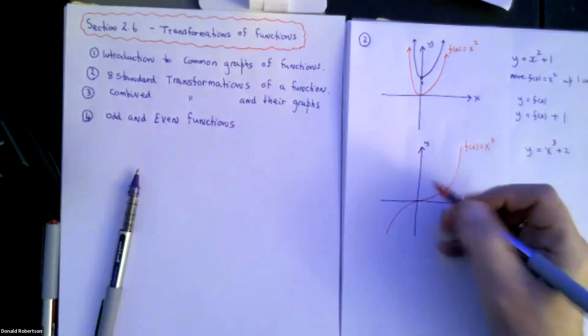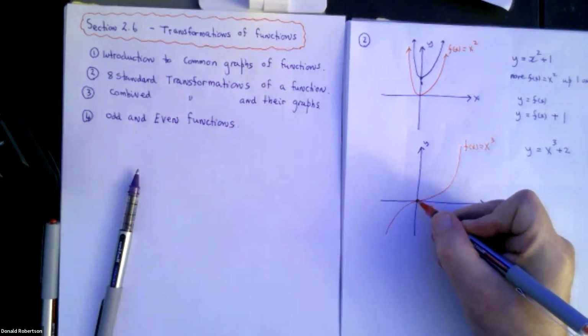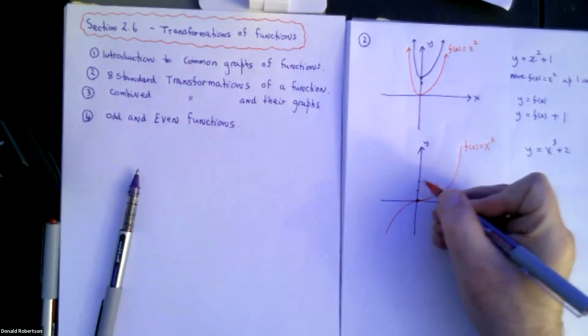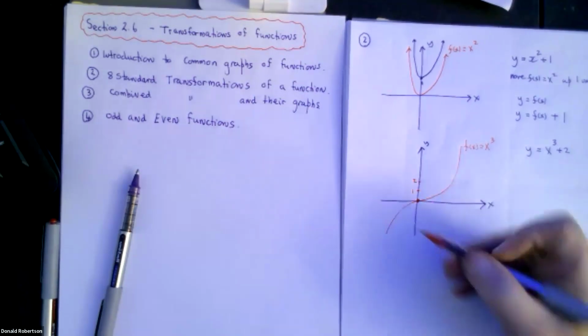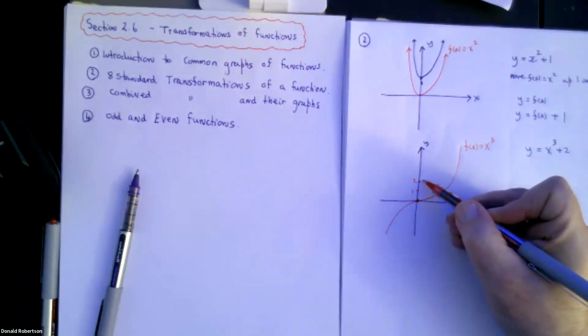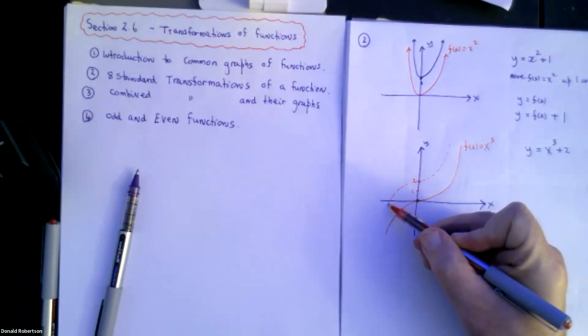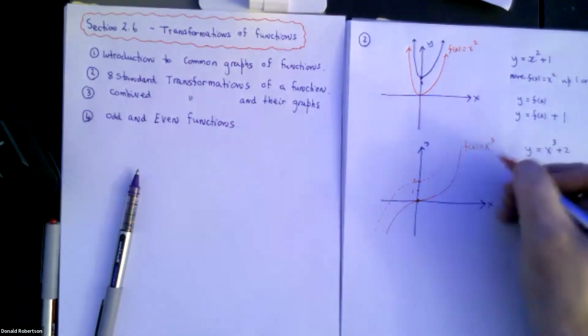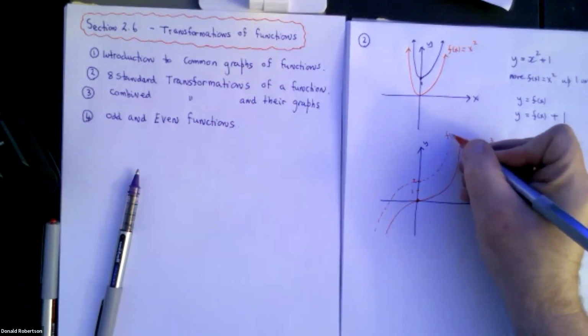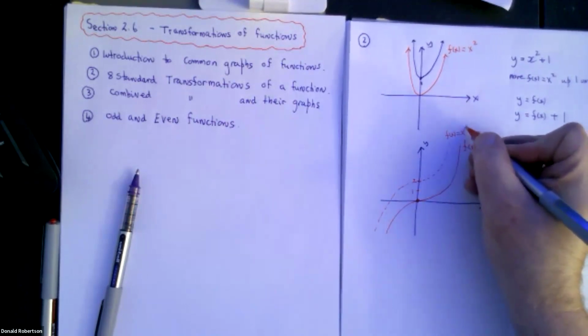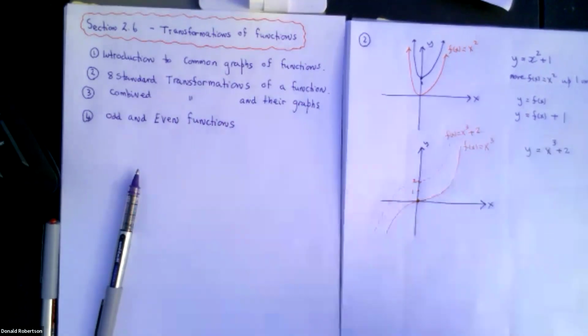So what you'd imagine is take that point, which is on the origin, and move it up 2 places. And then, the best you can at least, and I'll do this as dotted only for emphasis, you move it up 2, and this is what x cubed up 2 would look like.